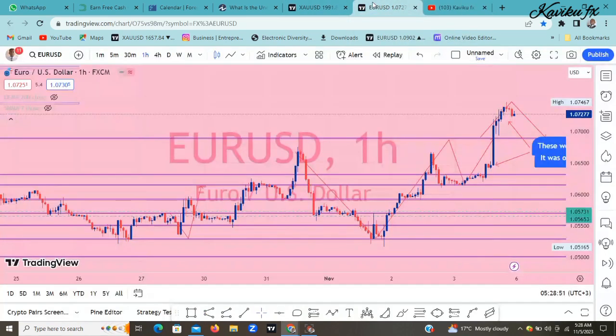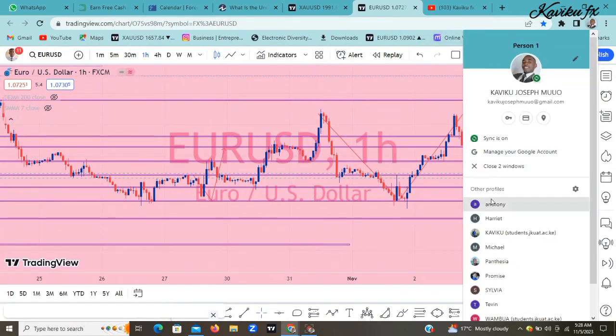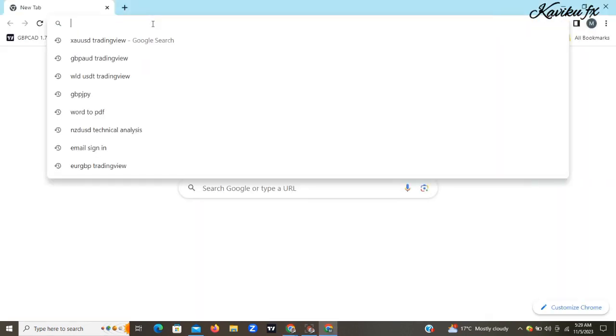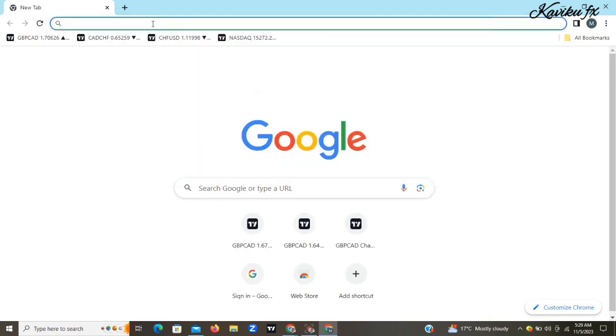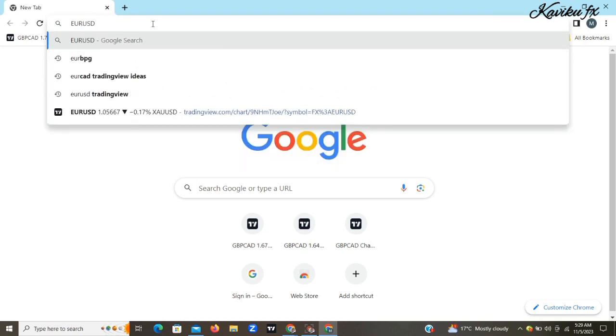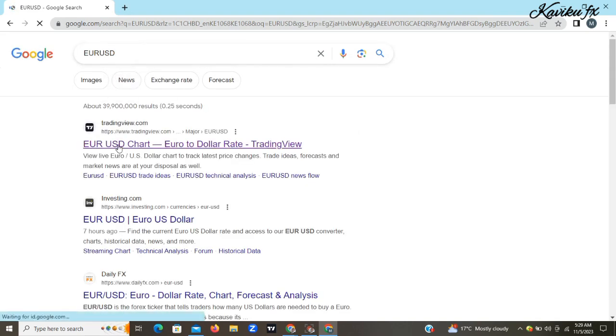So today I've prepared for you the analysis for Euro USD. As with last week, the way we were trading, we were able to come up with several arrangements and alignments with the trading, and we had different analyses.